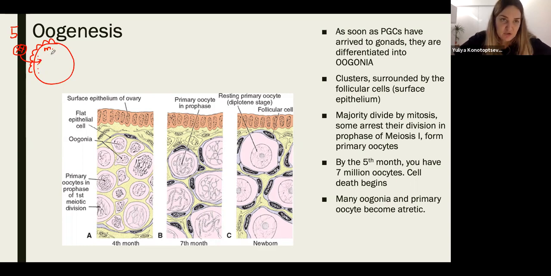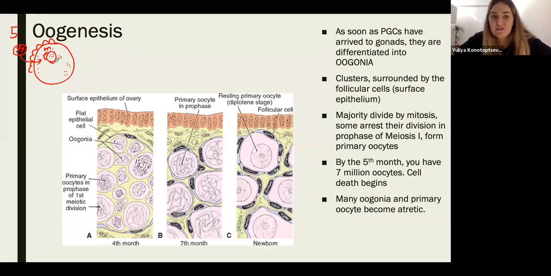They become clusters. So you see that there is one cluster of PGCs here, another cluster of PGCs here, and another cluster here, right? So in the female, the PGCs do not stay in the sex cords. They become clusters. These clusters will be surrounded by cells called follicular cells.